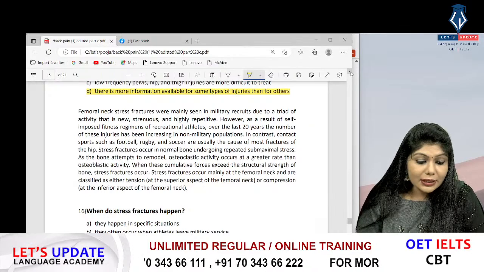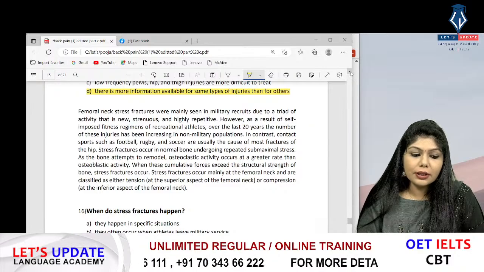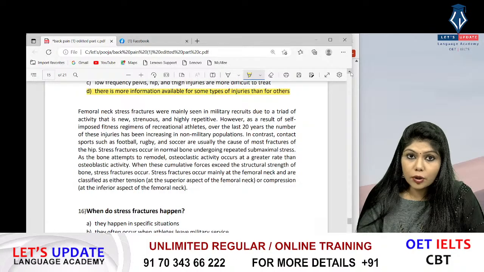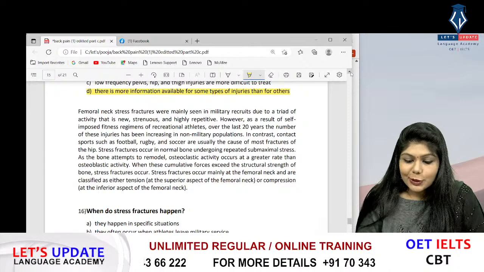Right. Okay, so I'll just tell you the question, that is, when do stress fractures happen? This is a paragraph that you need to read in order to find the answer to this question. So I'll give you a minute to read the paragraph and then we'll discuss it.